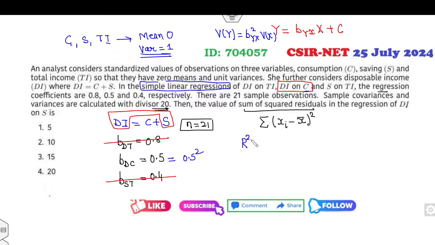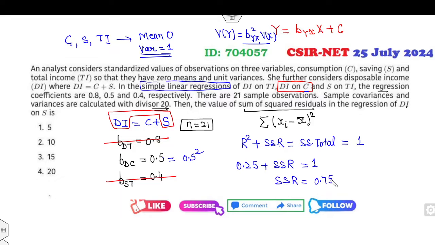So I can say R square plus sum of the square of the residual is the sum of the square of the total. And the total value I have obtained is my 1. R square I have obtained as 0.25, plus sum of the squares of the residual is my 1. Sum of the square of the residual is my 0.75.